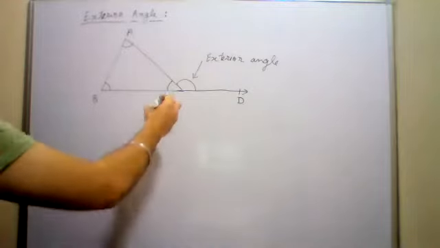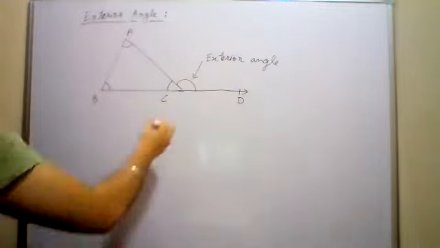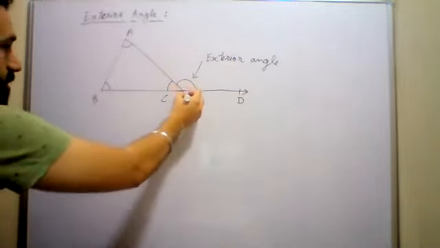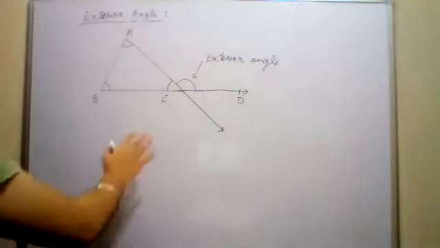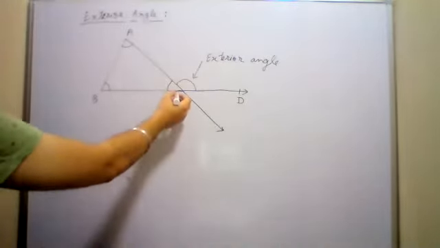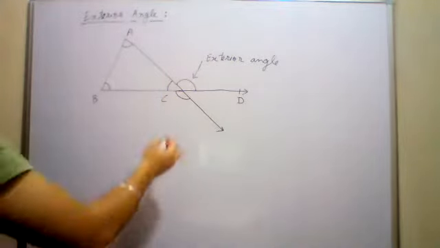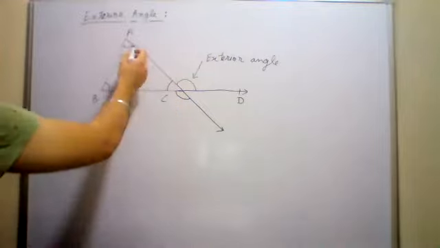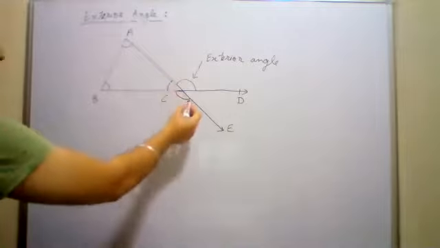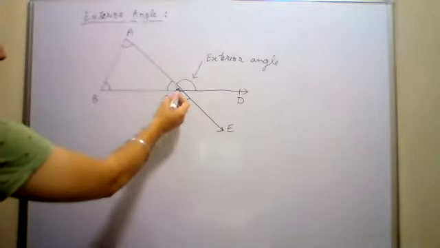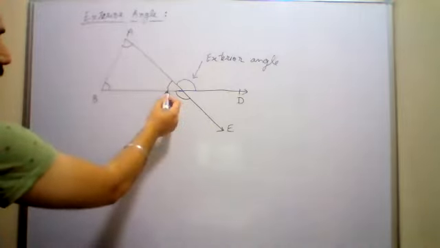Now, this is one of the exterior angles of the triangle. If I produce the side AC like this, don't draw this, then there is another exterior angle formed. Suppose I have produced it to point E. The angle formed between the produced side AC and the other side of the same vertex, BC.